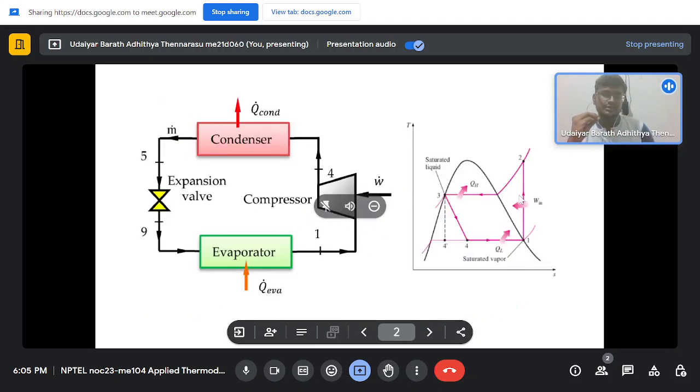The basic idea is, we know that in a Carnot refrigerator there are four processes which take place in the cycle, out of which there are two isothermal processes and two isentropic processes.